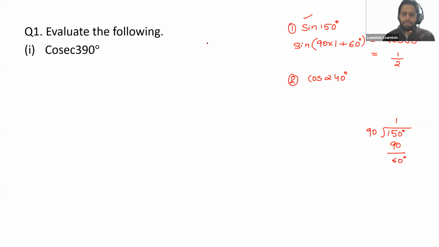And this week, please learn some values in radian. For example, 30 degree means pi by 6, 90 means pi by 2, 60 means pi by 3, 45 means pi by 4. At least from 0 to 90, learn the standard angles in radian. Okay. Yes, sir.